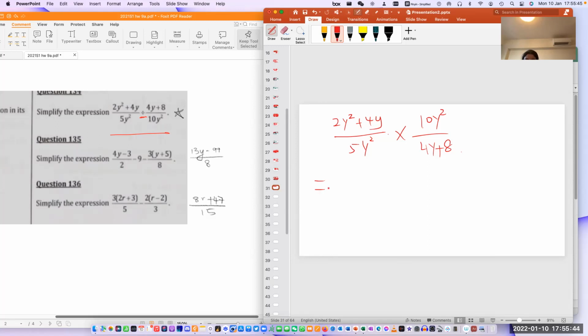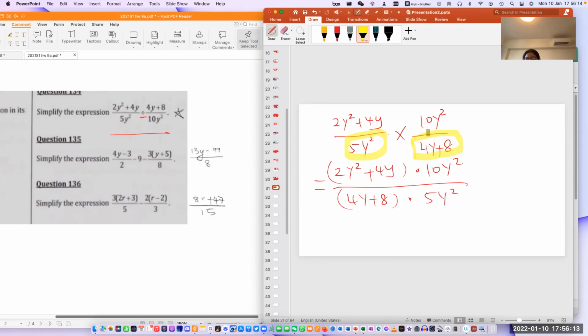Then just times the numerators together, and times the denominators together. Can I ask you why I do it this way? You can see the 5y squared and the 4y plus 8 in the denominator. 5y squared comes first, and then 4y plus 8.